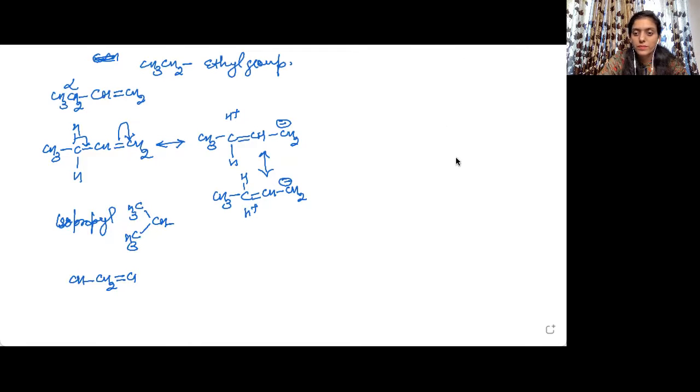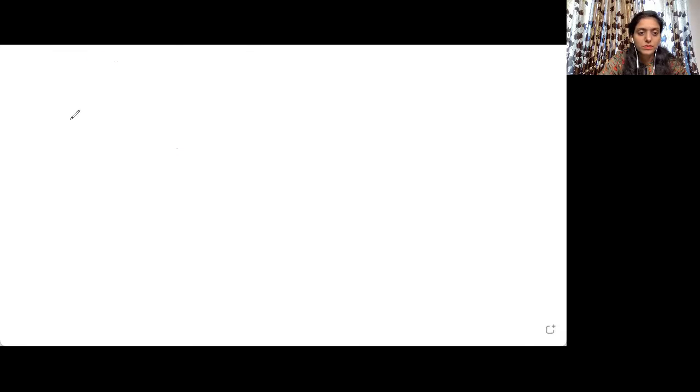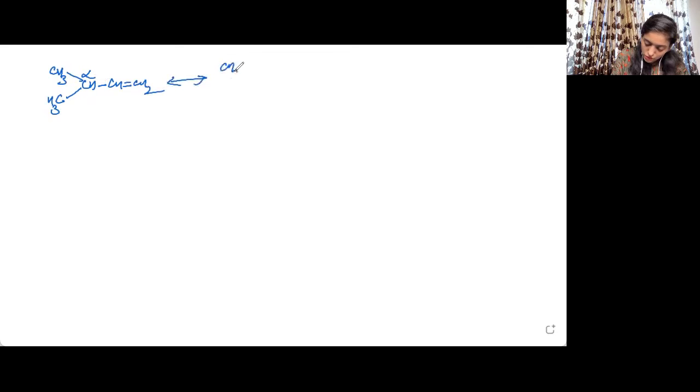When the isopropyl group is attached, you can write it like this. Now this is the alpha carbon, and it has only one hydrogen attached to it. So this will be the hyperconjugating structure.